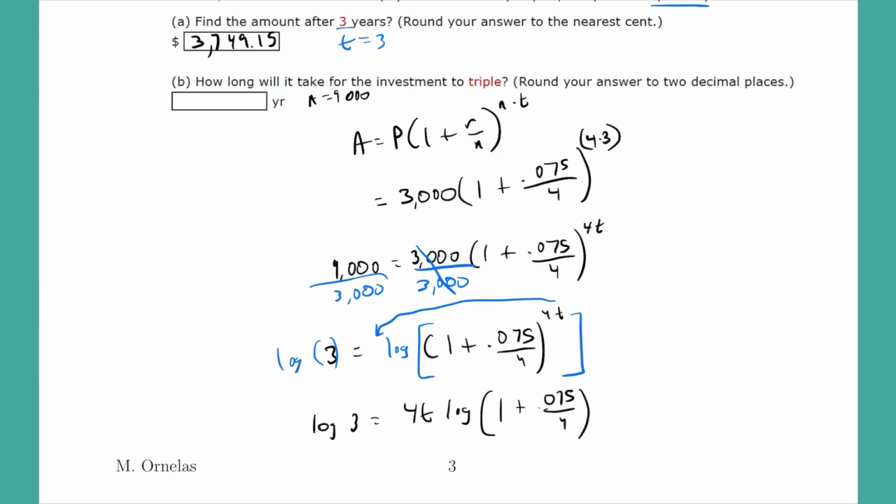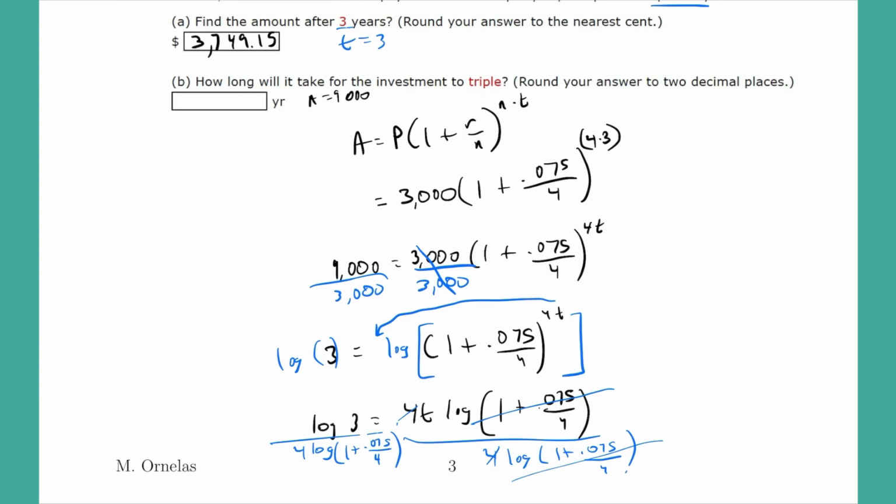And then the final step would be to divide both sides by 4 log 1 plus 0.075 over 4, because you want to get t by itself. There you go. All right, so that's what we're going to type into our calculators.